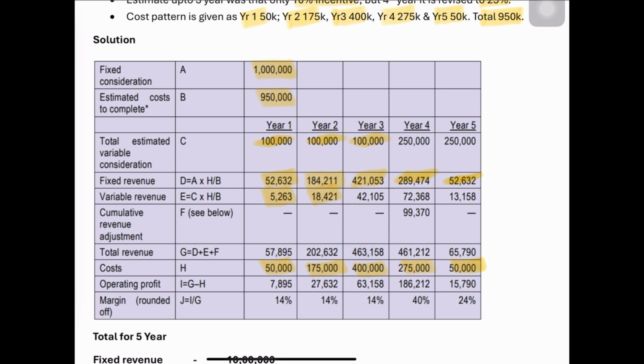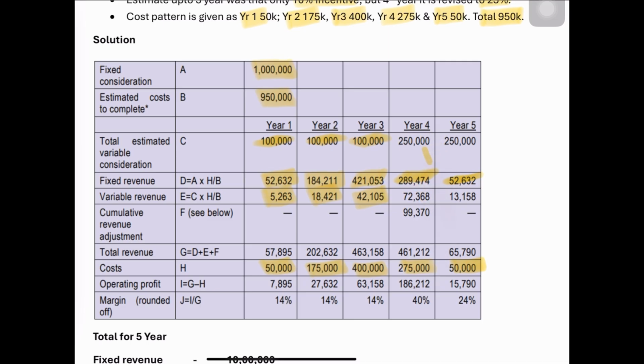Similarly, 175,000 divided by 950,000 into 100,000 gives 18,421 for year 2. For year 3, 400,000 divided by 950,000 into 100,000 will give 42,105. And in year 4 you are revising the incentive to 250,000.